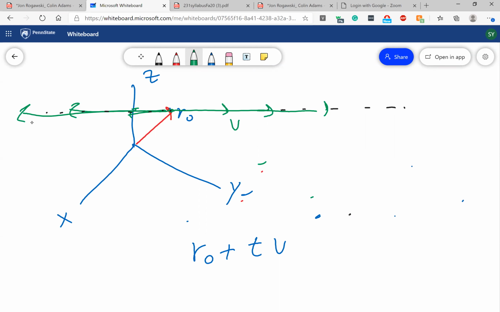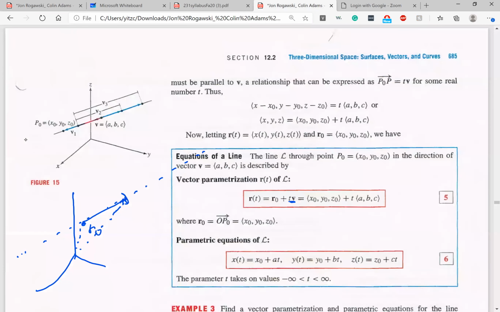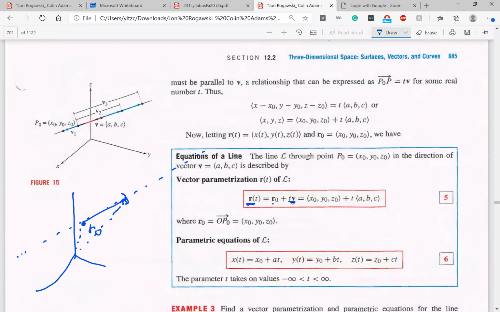So we get all of these vectors. And then r naught plus that vector will give you all of these vectors. This is going to be one, this is going to be another for a different t. And so we keep getting points on this line. That's a point, and this is a point. So our line over here is going to be r naught plus tv.